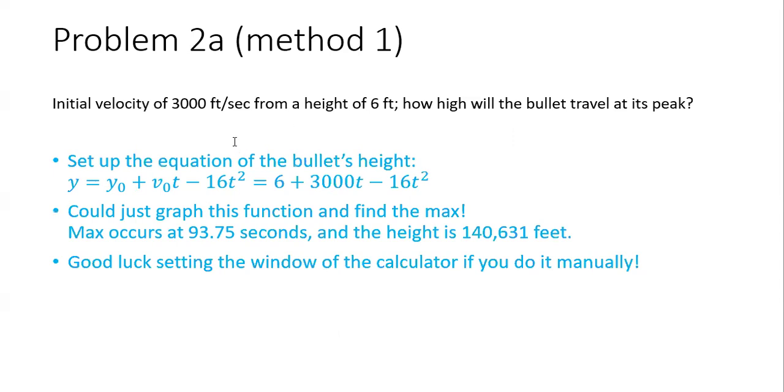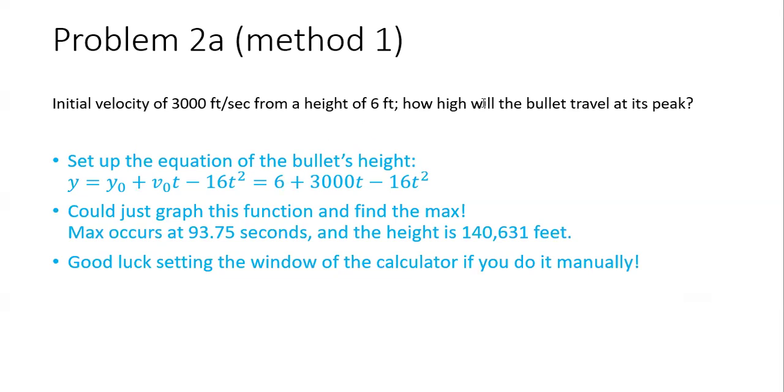Acceleration due to gravity is minus 32 feet per second squared, if I remember correctly. So it should be something like this, where y0 is the initial position and v0 is the initial velocity. We plug in the initial height and the initial velocity. Okay, so this is our equation.